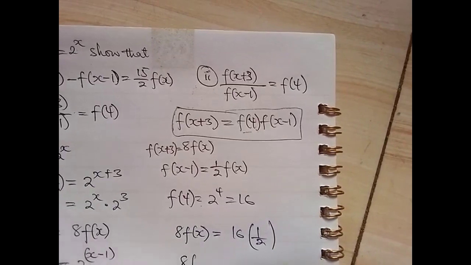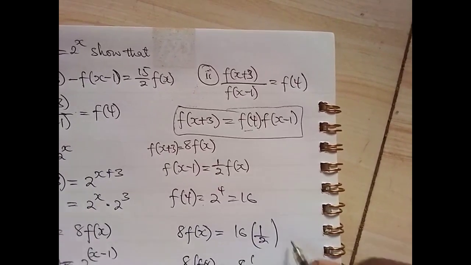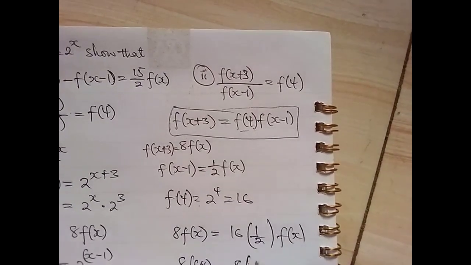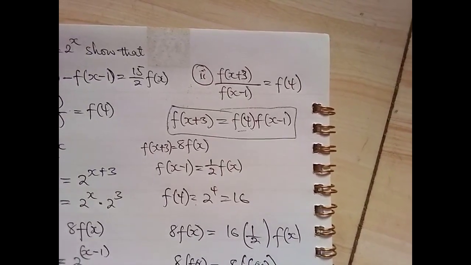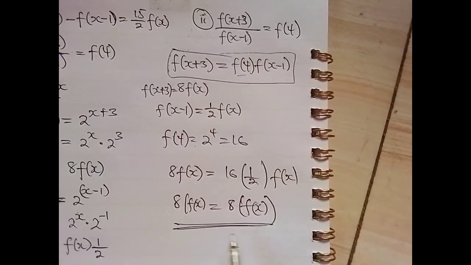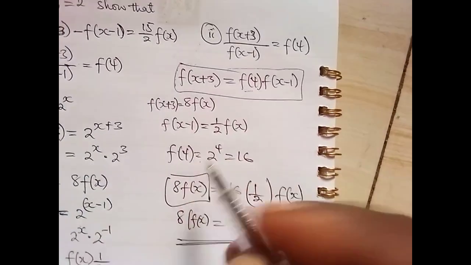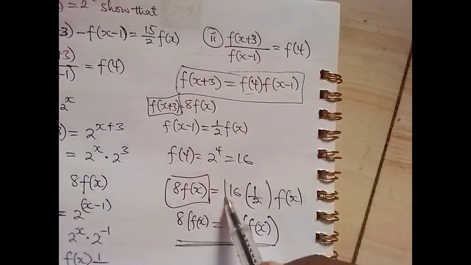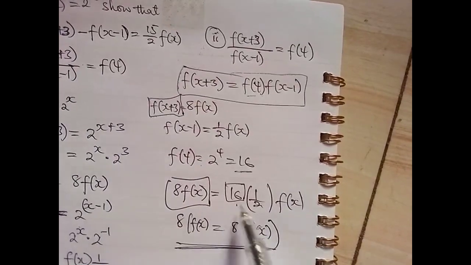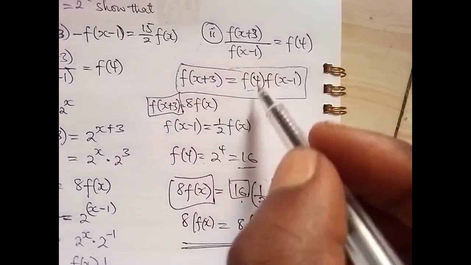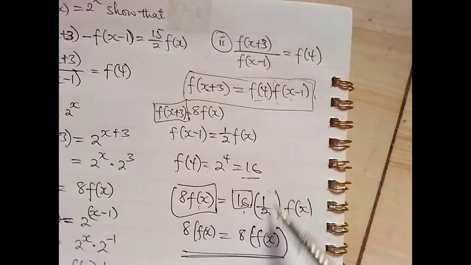So what we have is 8 f of x is also equal to 8 f of x. So this is for f of 4, then this is for this.